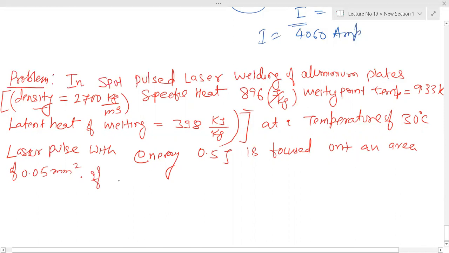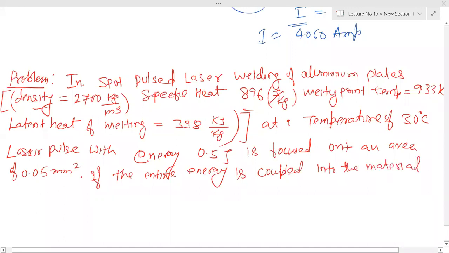If the entire energy is coupled into the material, what will be the depth of weld?